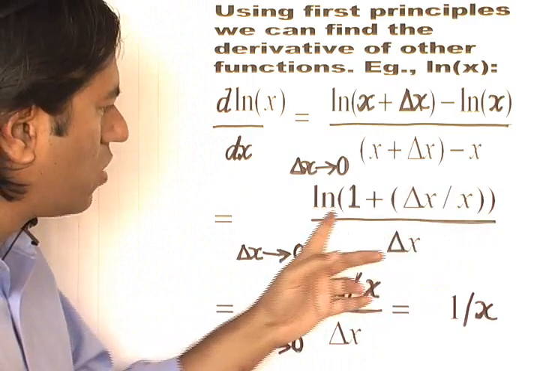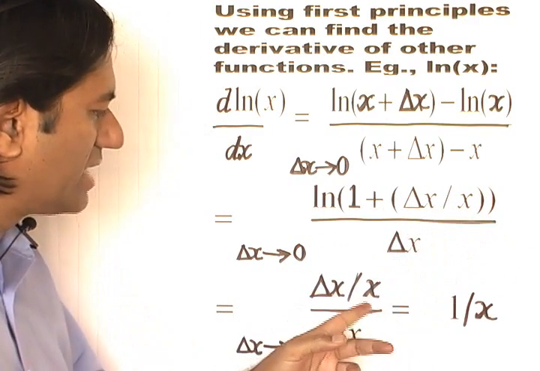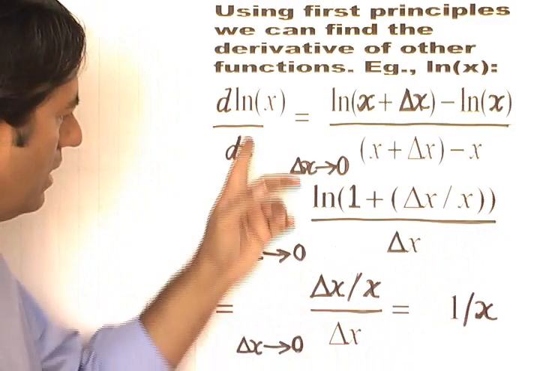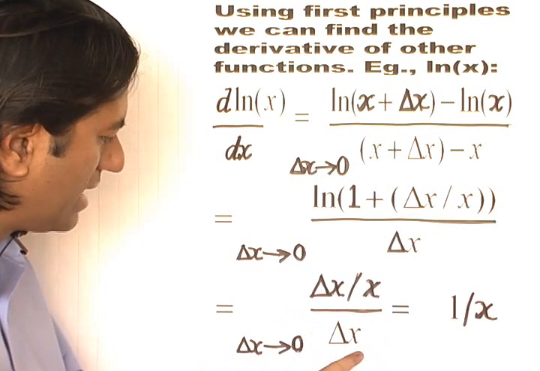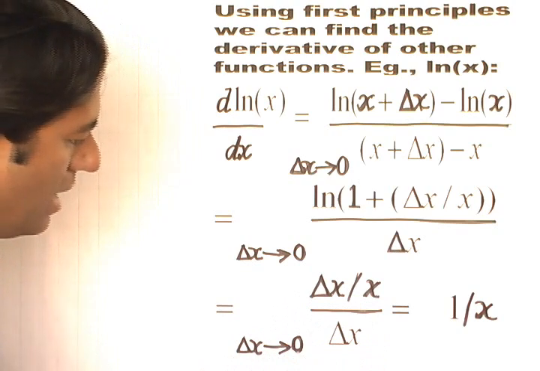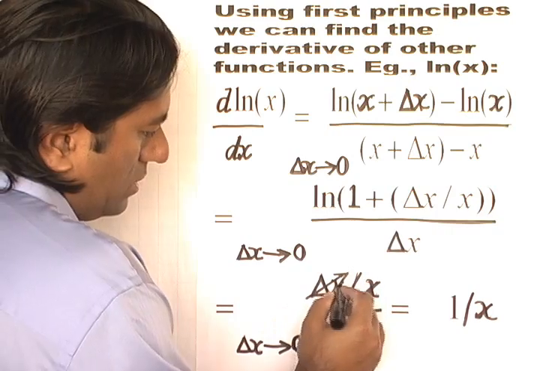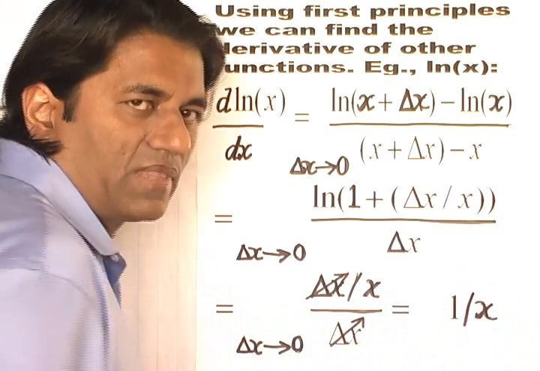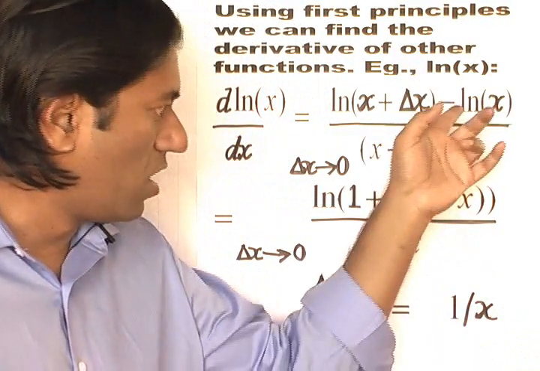So this log of 1 plus delta x by x simply becomes delta x by x, and the derivative becomes delta x by x divided by delta x as delta x approaches 0, and now this delta x and this delta x will cancel out, leaving just 1 by x. So that's the derivative of log x.